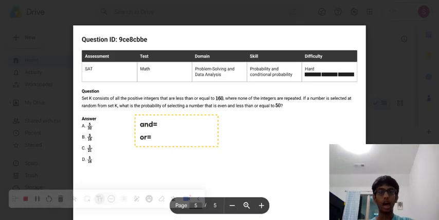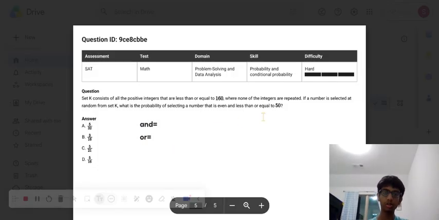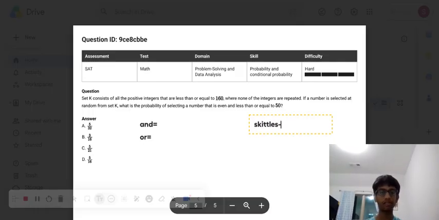For and, what you need to do, let me start with or first, since it might be a bit easier. So think of it this way. Say you get, I don't know, let me see, a bag of Skittles, okay? And you have different colors, blue, green, and orange.